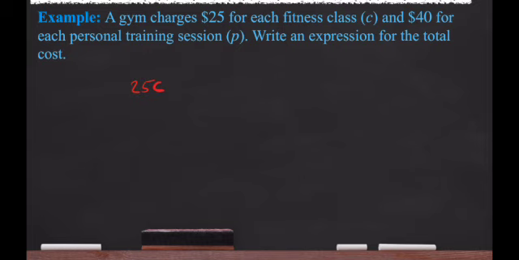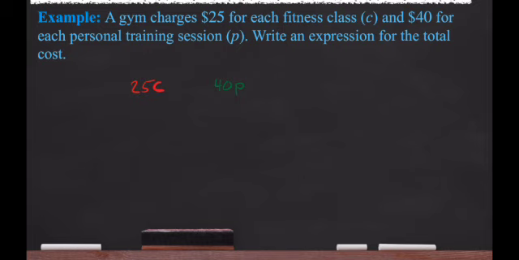Then the other part of this is we have the $40 for each personal training session. We could have 1, we could have 2, we could have 3. It just depends on how many we have. So we are going to put the P beside that because it's $40 for every personal training session. So for one training session, it's $40. For 2 training sessions, it's $80, and so on.